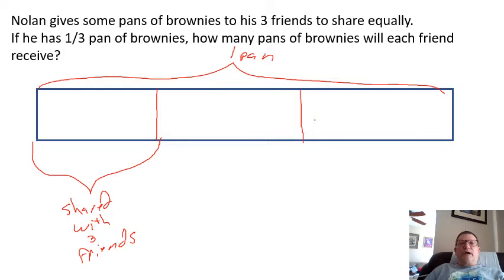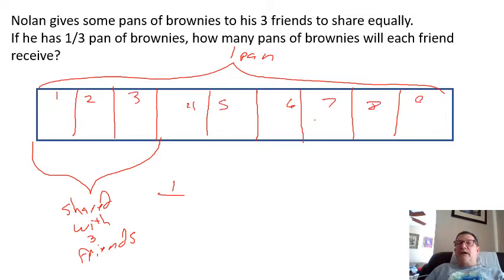So I'm going to split this piece up into 3. And I know each one of the friends is going to get something of the whole pan. But I have to split up the other 2/3 into thirds to find out what our denominator is. And we can see that would be 1, 2, 3, 4, 5, 6, 7, 8, and 9. So each friend would have got 1/9 of the pan.